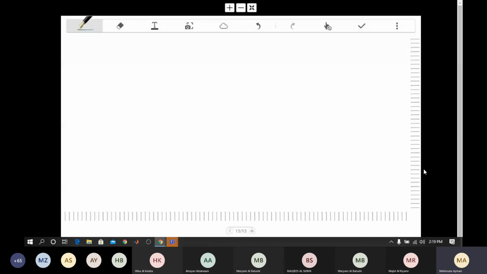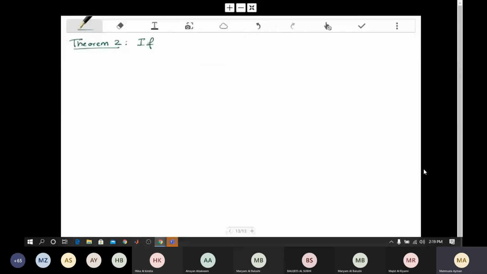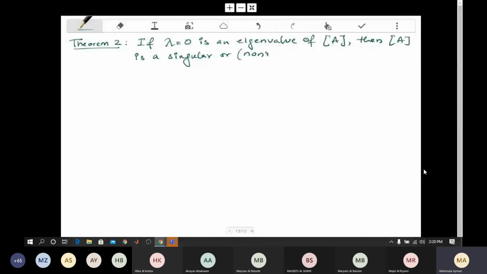So theorem 2 says if lambda equal to 0 is an eigenvalue of a matrix A, then the matrix A is singular or non-invertible.